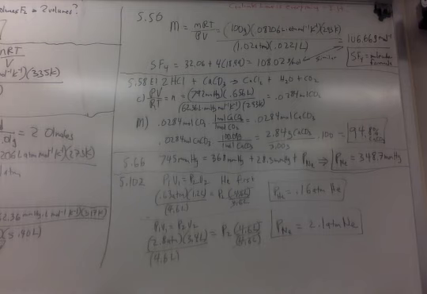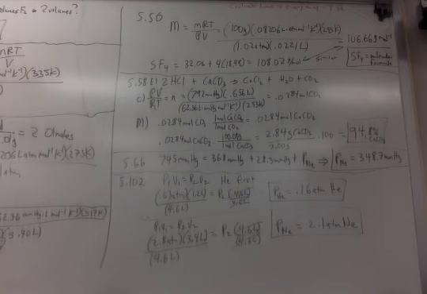5.58 is a gas stoichiometry problem. It involves 2 HCl's and 1 CaCO3 yielding CaCl2 plus water plus CO2. Use PV equals nRT to find the moles. Plug in the pressure, the volume, R, T. I got 0.0284 moles of carbon dioxide.